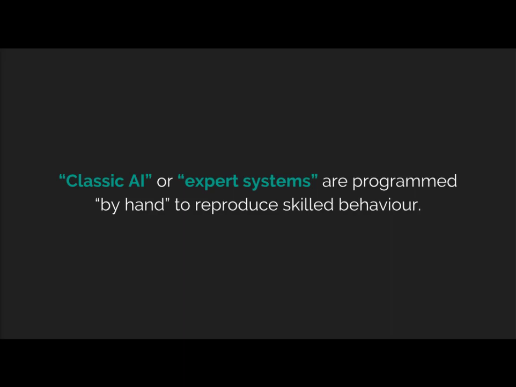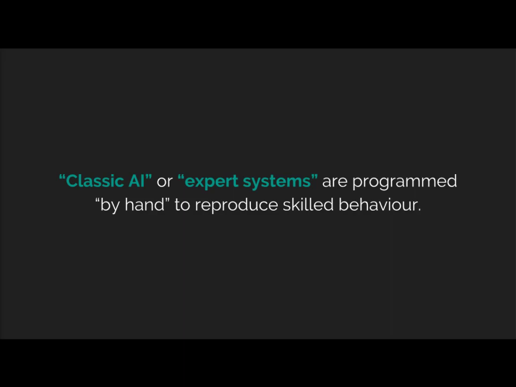So if you've heard of something called a behavior tree, where basically a human programmer specifies a decision at various points, you know, if the player is close to you and you're an enemy, then attack. If the player is close to you and you're an ally, then heal. That sort of thing is classified as classic AI or an expert system, since there's still ultimately a human coder writing explicit rules for the system to follow.